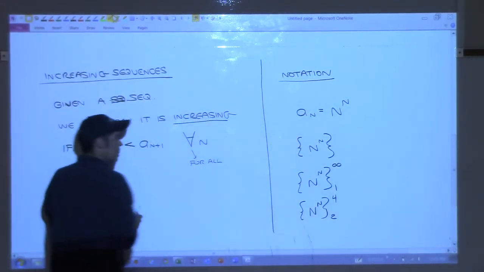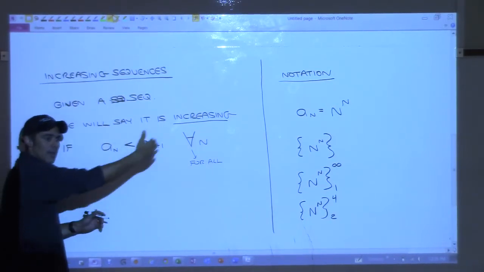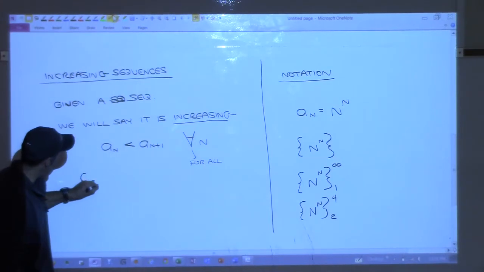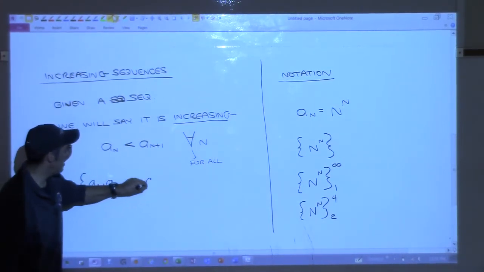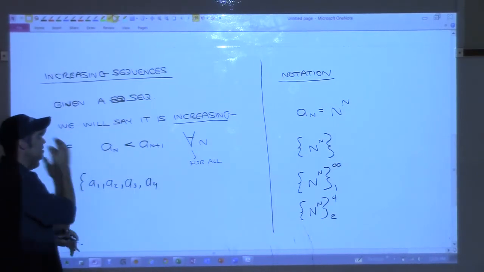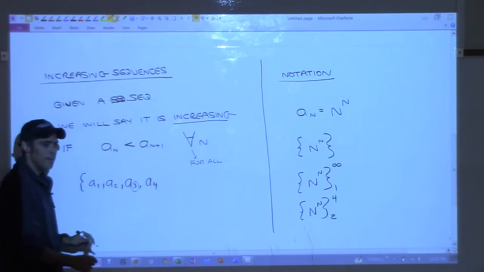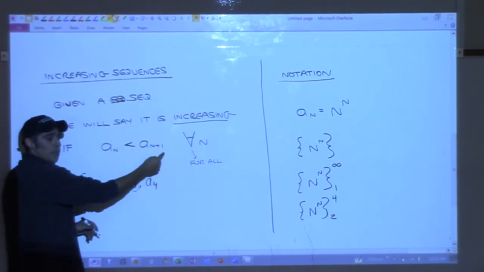You know how we said a sequence is just a sub 1, a sub 2, a sub 3, a sub 4, right? Whatever your sequence is, this one's the first one, the next one's the second one, that's the third one, then your fourth one. To be increasing means that if you pick the nth one, let's say you pick the third one, then that third one must be smaller than the fourth one.